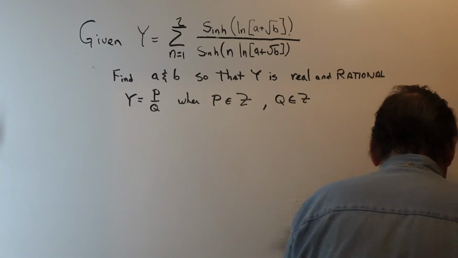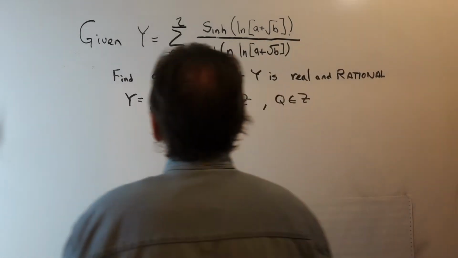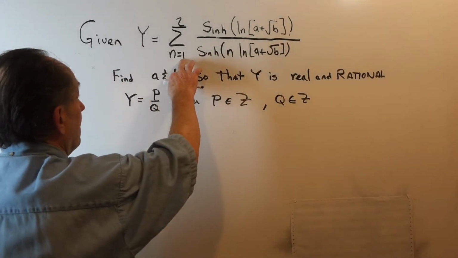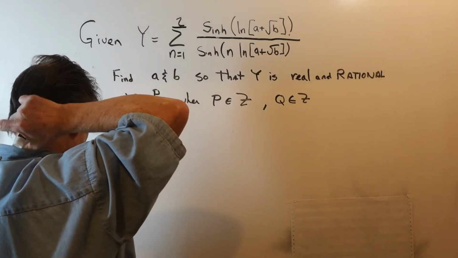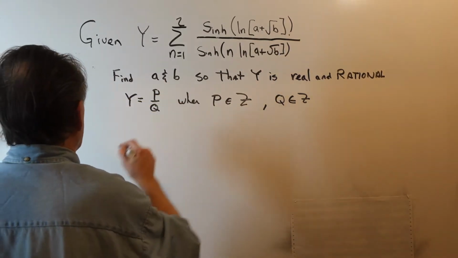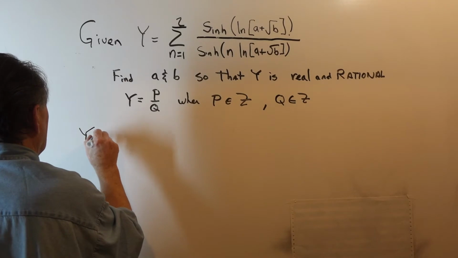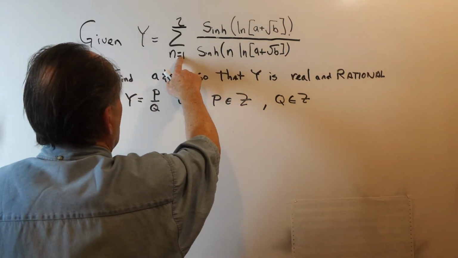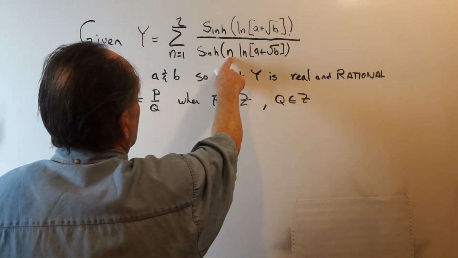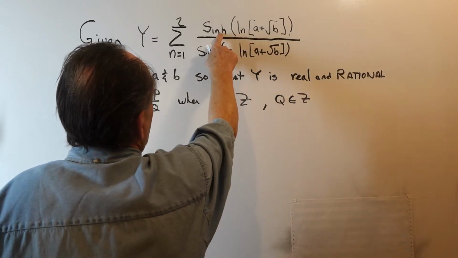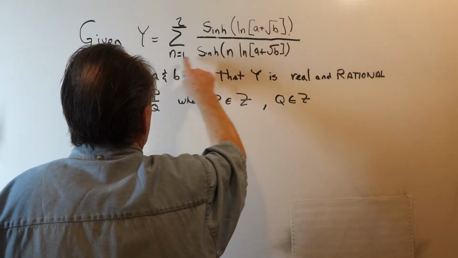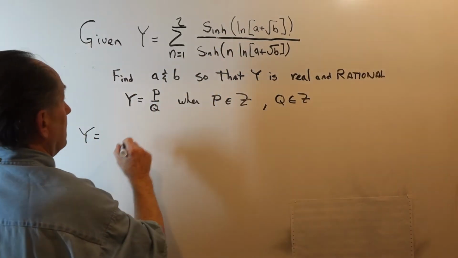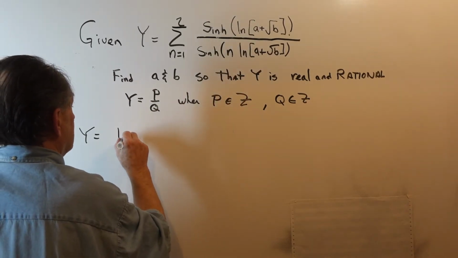Okay, well, first what we need to do is we sum over the index n from 1 to 2. So our y then, when n is equal to 1, the numerator and denominator are the same. So the first term is 1.